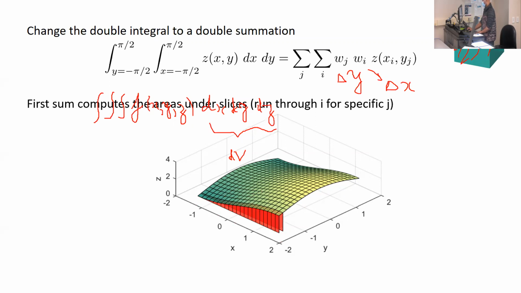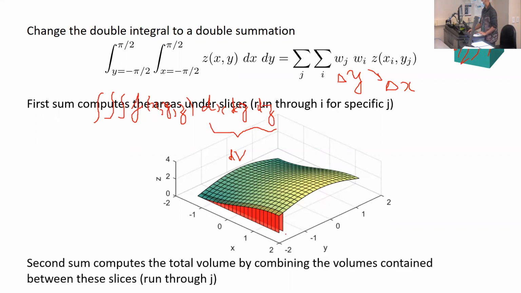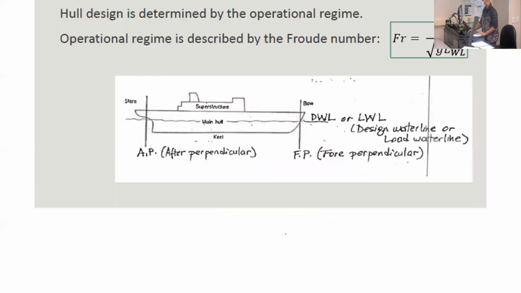The hidden red part is the area under the second slice. If you just take a knife and slice through the surface one by one. Once you know area 1 and area 2, you can compute the volume in between. How? You use the trapezoidal rule in 1 dimension now, okay? So many different ways of doing this.